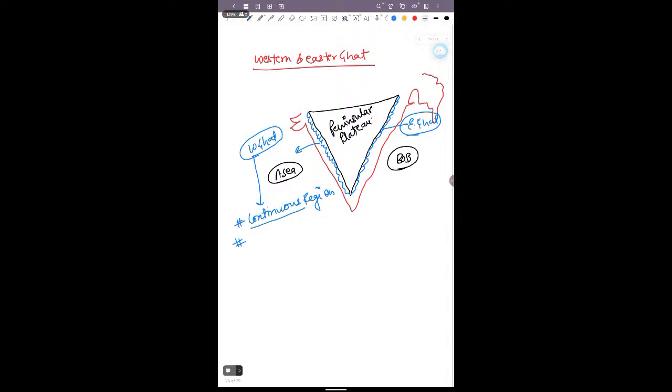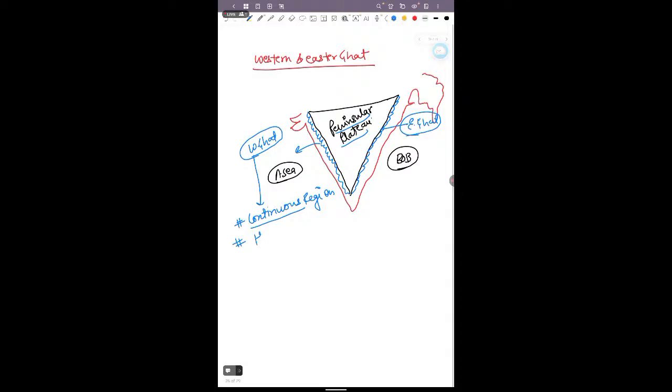Unlike the Himalayan rivers, which descend from the Himalayan region, cut the mountains and bring sediments, in the Peninsular Plateau there are fewer rivers, and as they are short lived and seasonal, they generally do not cut this hard plateau. That's why the Western Ghats region is mostly a continuous region.